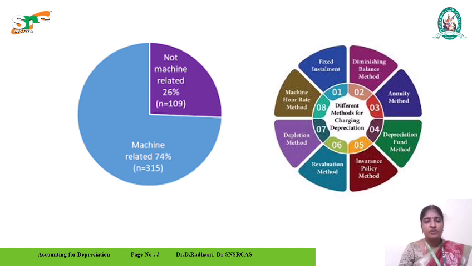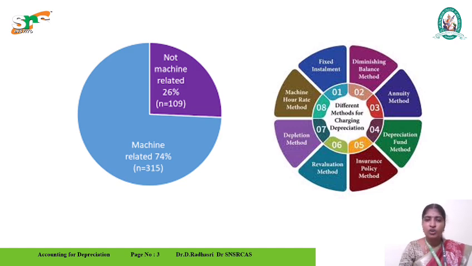For the machines, we can take out insurance for 5 years. When the machine is repaired, we can claim under the insurance policy. For that purpose, the insurance policy method is calculated in the depreciation process before the machine is used.